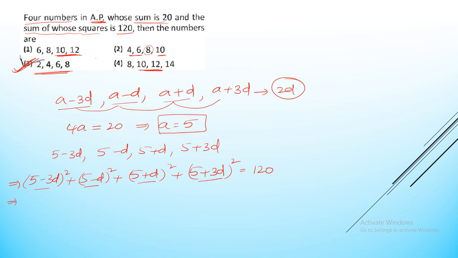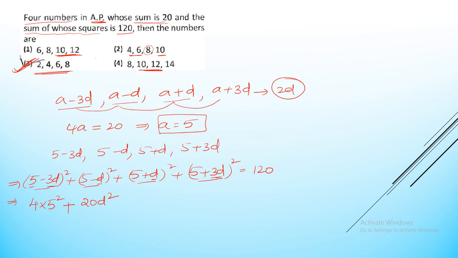When I consider all the a squares, they are all equal: 5 square, 5 square, 5 square, 5 square. How many 5 squares am I getting? 4 times 5 square, plus the next b squares. Here 9d square, here d square, here d square, here 9d square. 9 plus 9 is 18, plus 2, so I am going to get 20d squares.